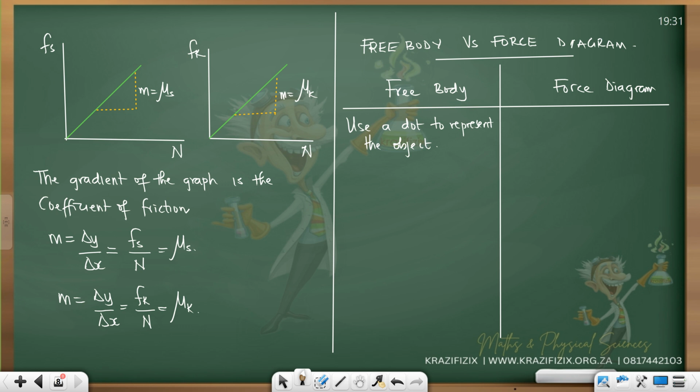Can you still hear me? Okay. For a force diagram, we use a box to represent the object.